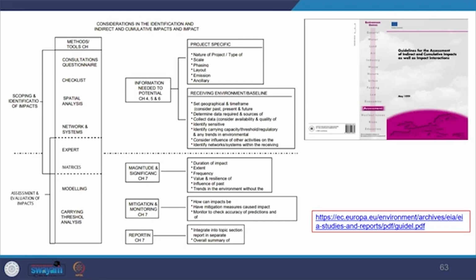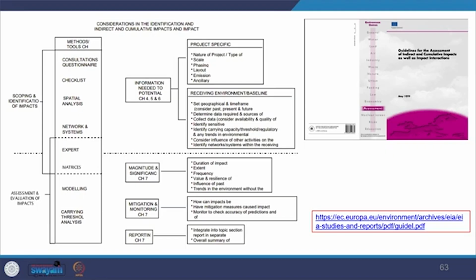In the scoping and identification of impacts, you have to take inputs and consult different stakeholders. So you have a consultation process in which you use tools like questionnaires and checklists, and then you also undertake spatial analysis, and you can also have network and system analysis. You can also undertake expert and matrix analysis. So these methods and tools are available.